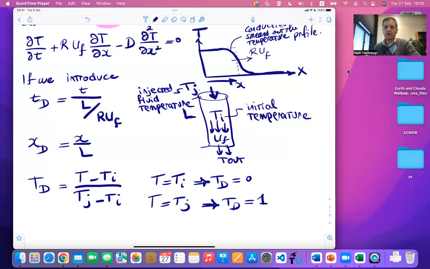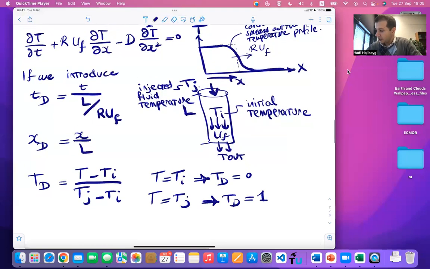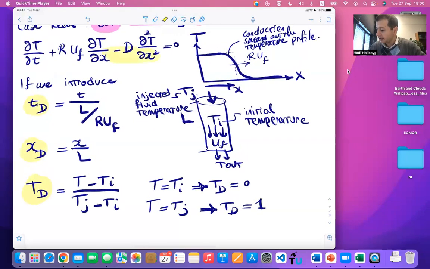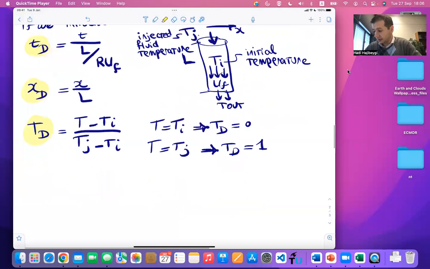So temperature will always be in dimensionless form, between 0 and 1. Now, introducing these terms for dimensionless time, length, and temperature, I can rewrite my governing equation for dimensionless temperature, time, and distance.